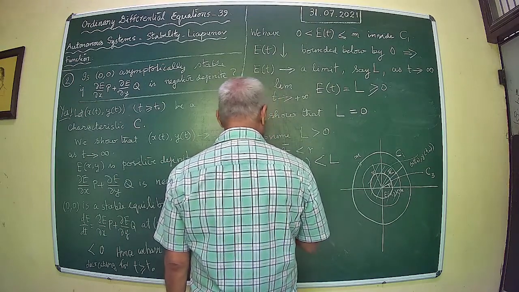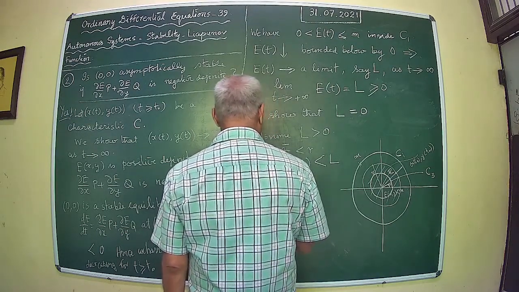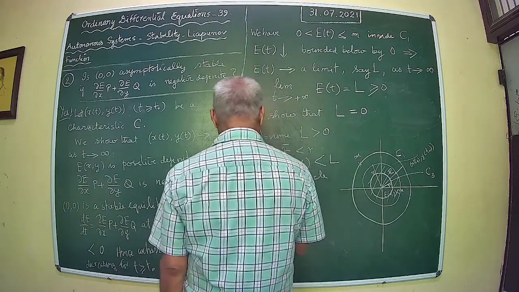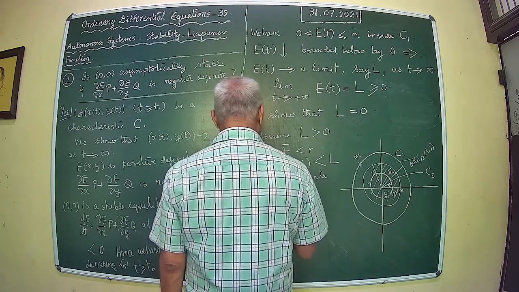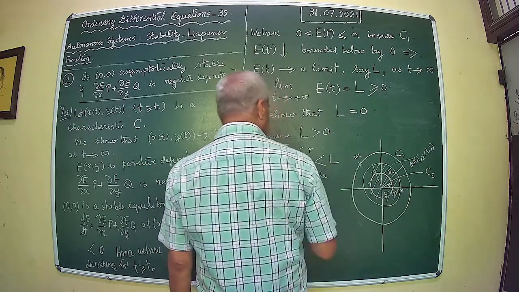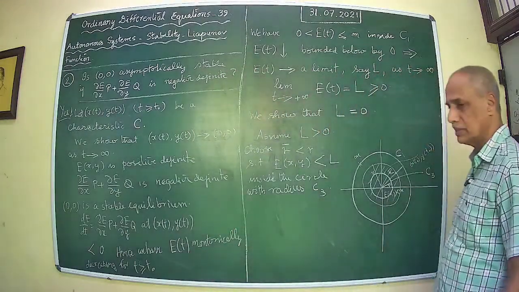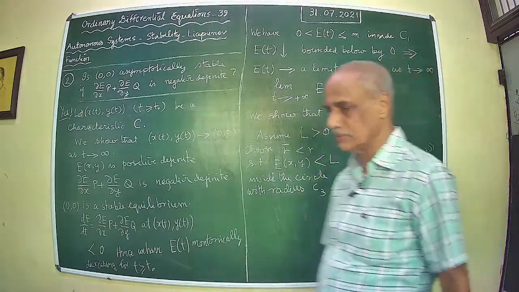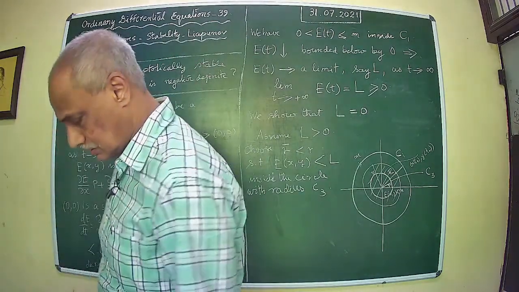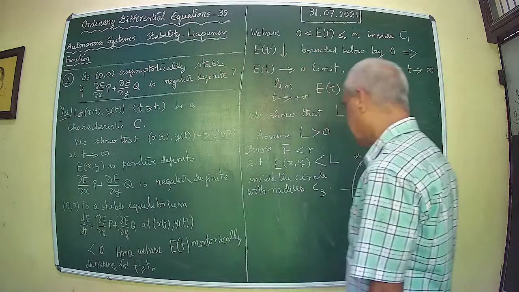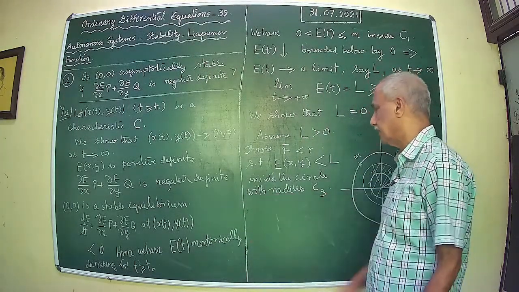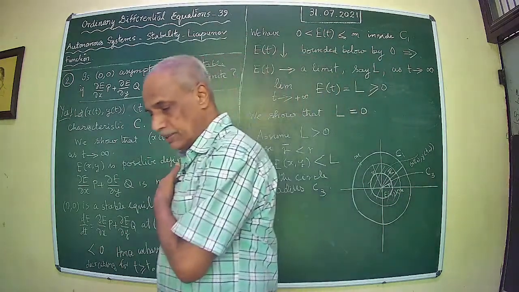It has nothing to do with the differential equation, because it has only to do with the E function. Once the E function is defined and L is given, then R3 is fixed. R3 can be chosen. There exists such an R3. So what you have is this.